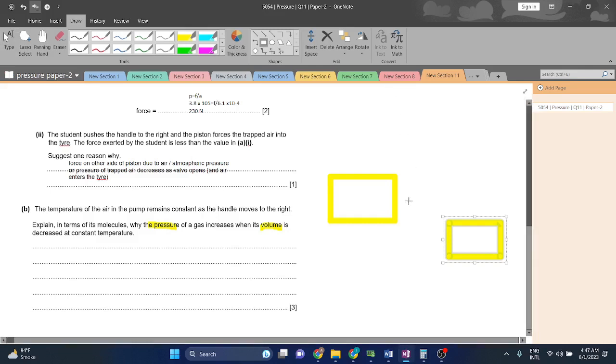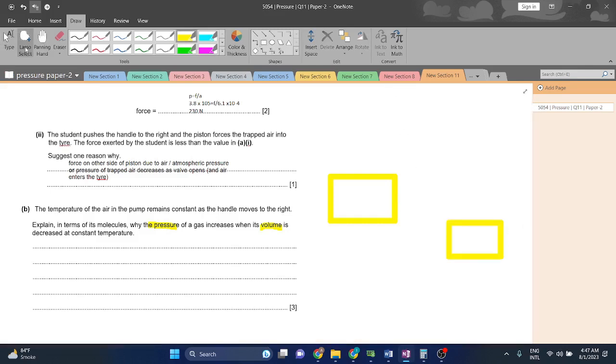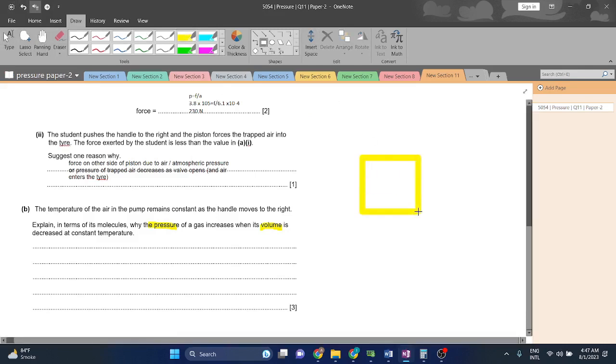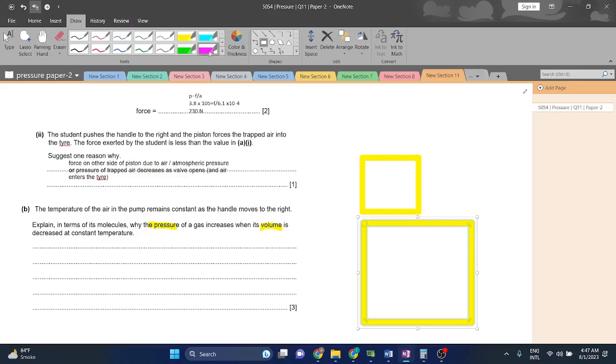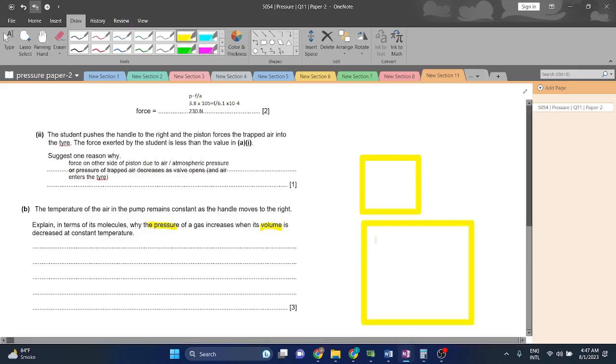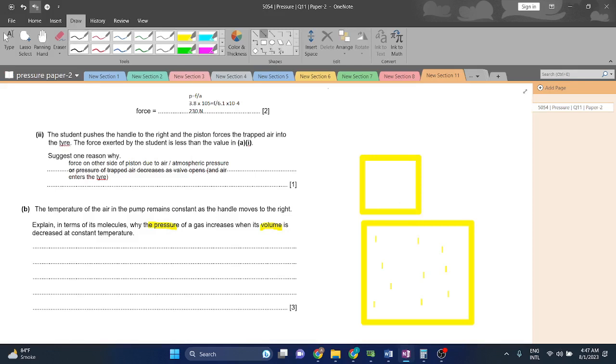Let me show you two identical squares, in proportion. This square is four times larger than this square, right? For example, this square has 10 particles, and this square also has 10 particles.